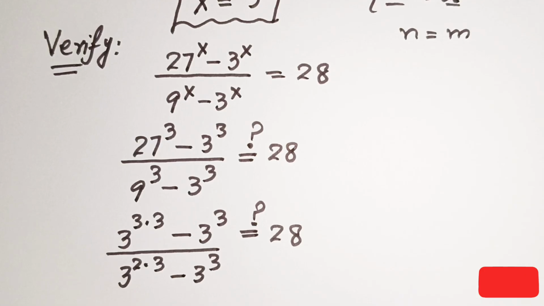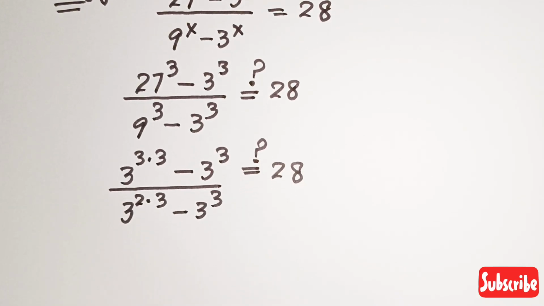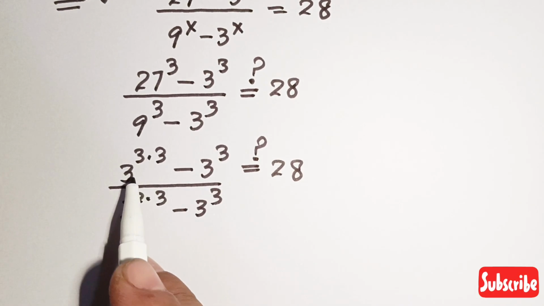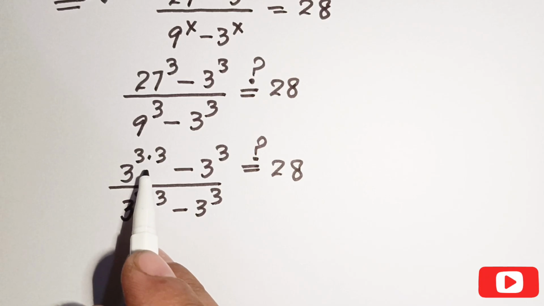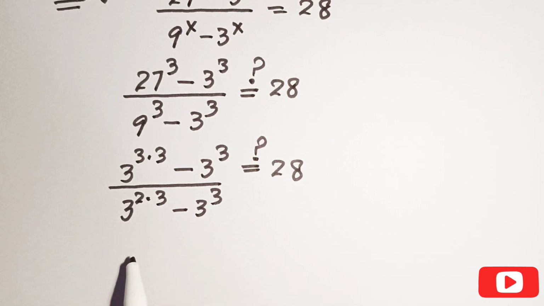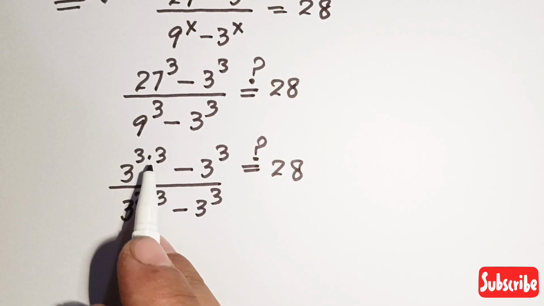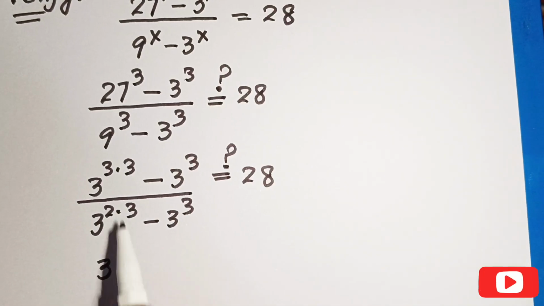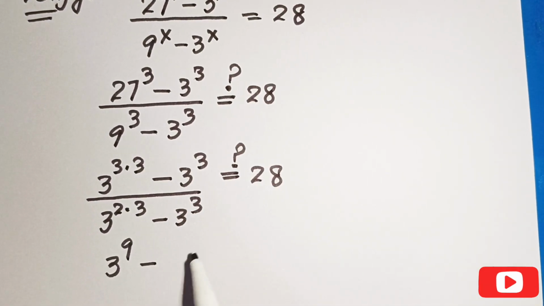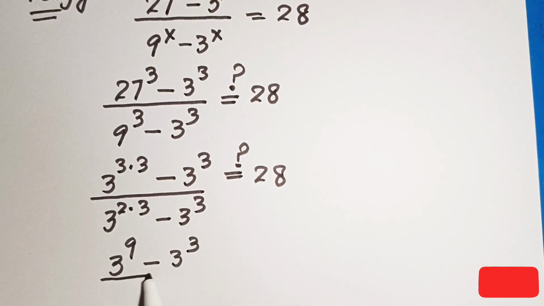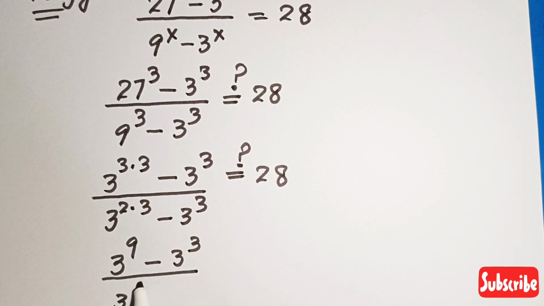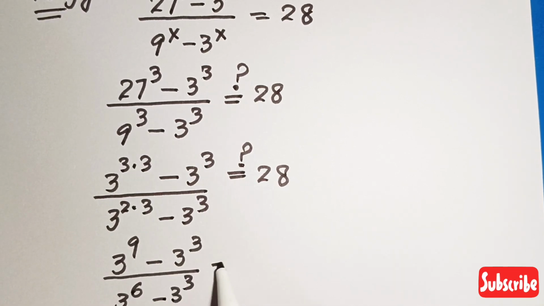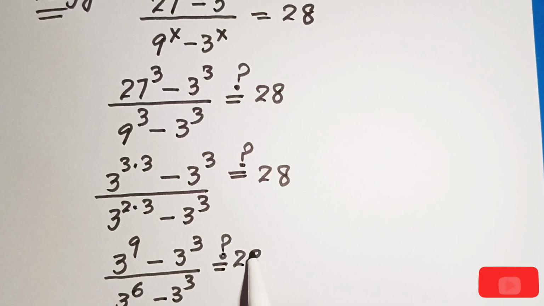So our next step is, we write 3 to the power 3 times 3, which is 3 to the power 9, minus 3 cubed, all over 3 to the power 2 times 3, which is 6, minus 3 cubed. Is it equal to 28?